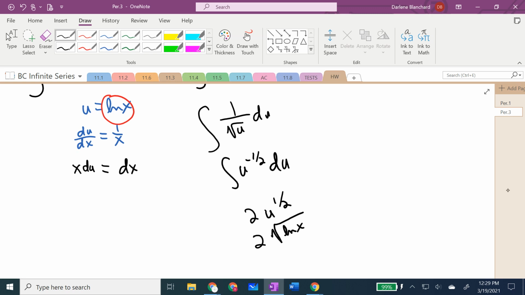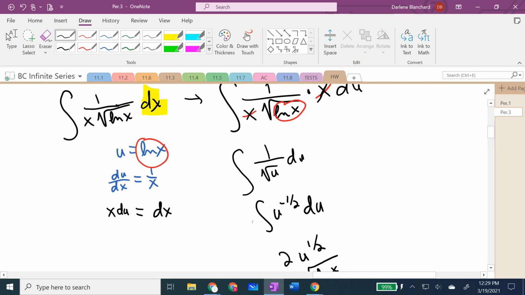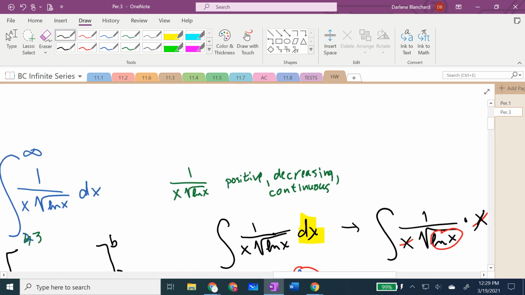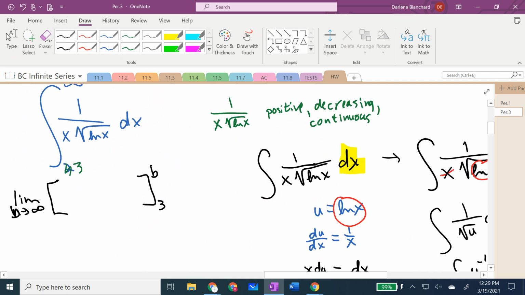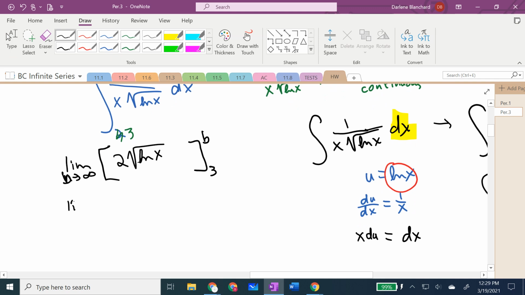That is the answer to the integral, 2 times root natural log of x. And now I'm trying to go back over to the limit. And 2 times root natural log x. Now I'm plugging in the b minus plugging in the 3.